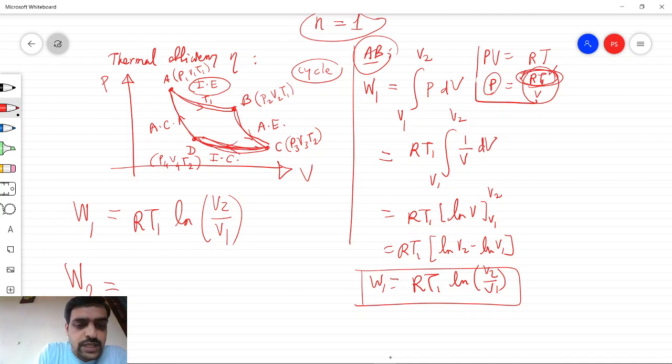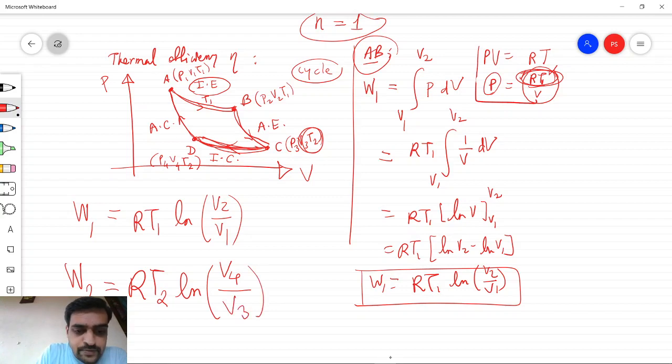So since the process is isothermal, we can apply the same formula and write it as RT2. Now the temperature is different. It is T2 now for this process. Log of final volume upon initial volume. Final volume in this case is V4 divided by initial volume V3. Call it equation 1, then equation 2.